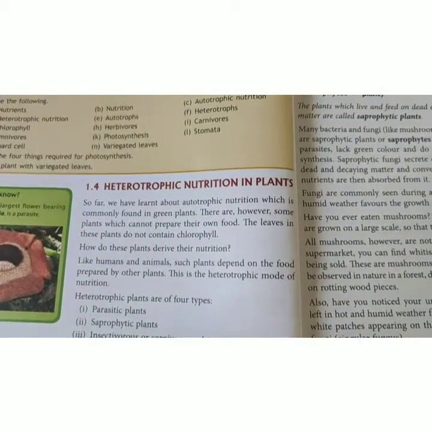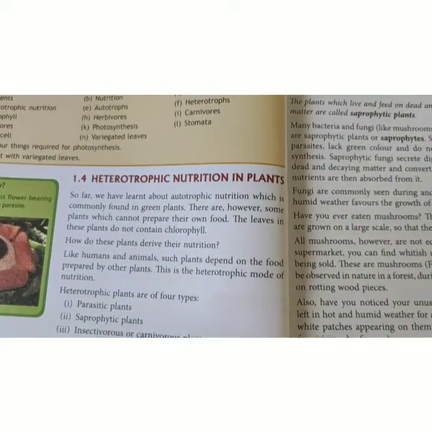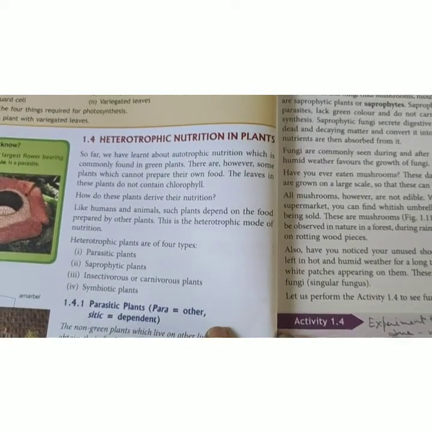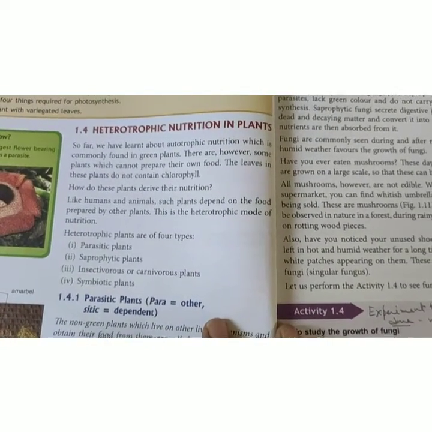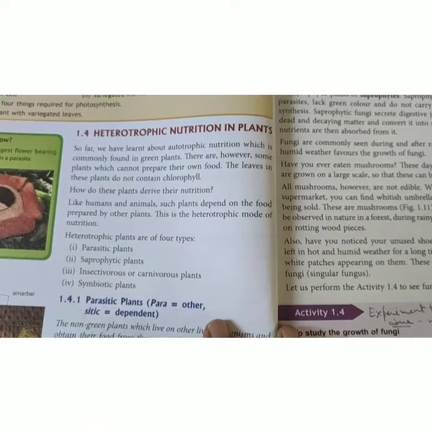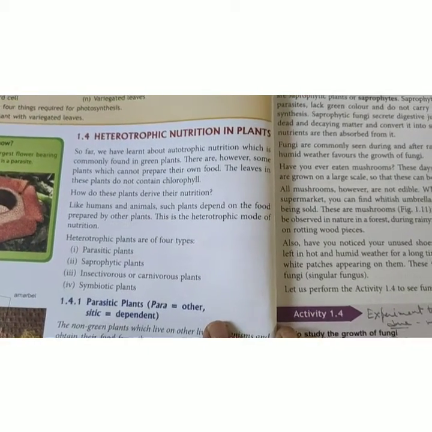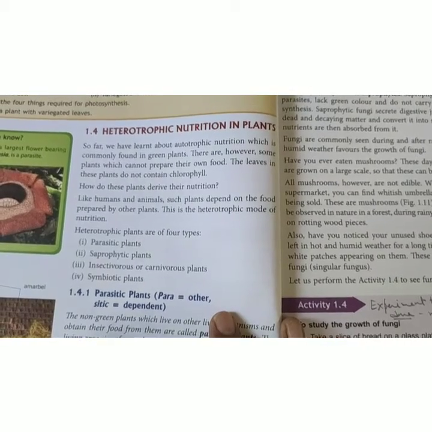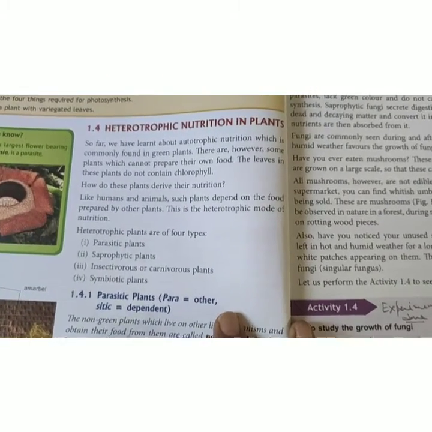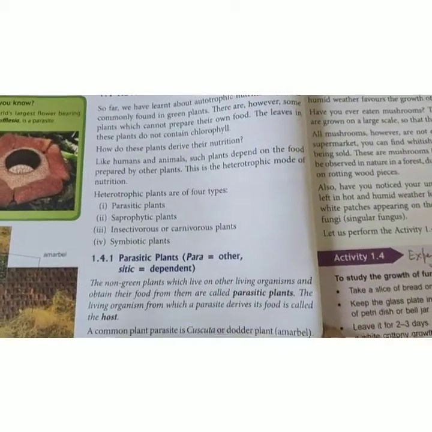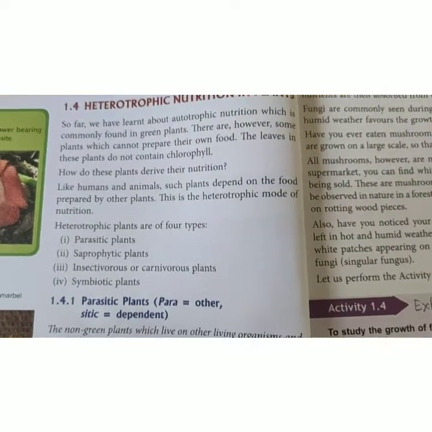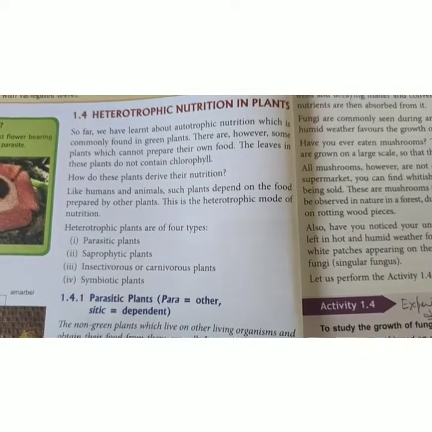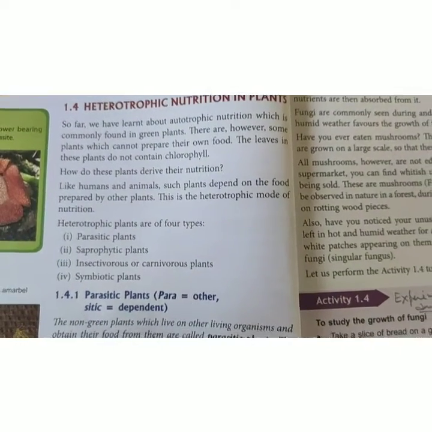Then we come to heterotrophic nutrition in plants. Till now we know plants manufacture their own food, so they are known as autotrophic. But there are some plants which cannot manufacture their own food because they don't have chlorophyll in them.